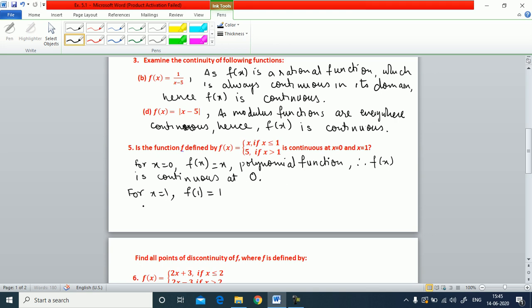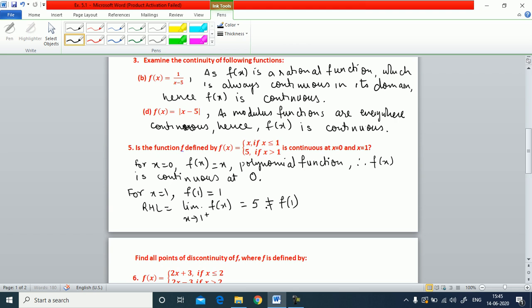Okay. And what about the right hand limit? If you see the right hand limit, on the right of 1, check the nature of the function. It says when x is greater than 1, f(x) will be equal to 5. So on the right of 1, f(x) is coming 5. You can see it is not the same as the value of the function at 1.